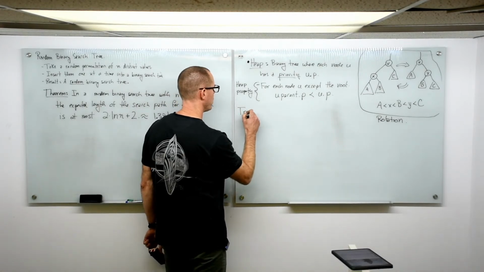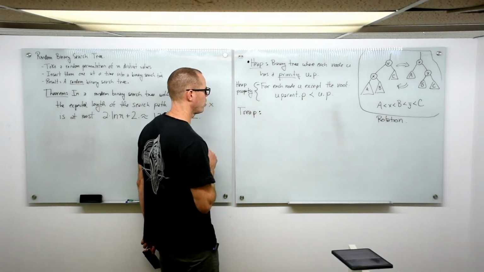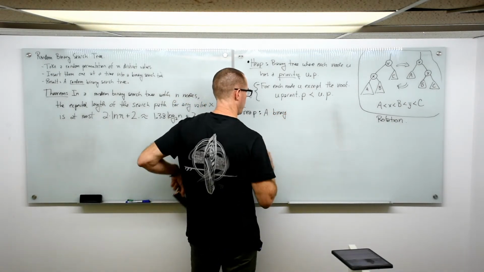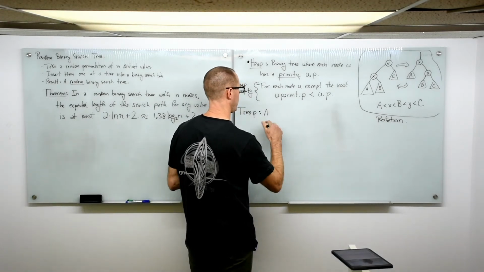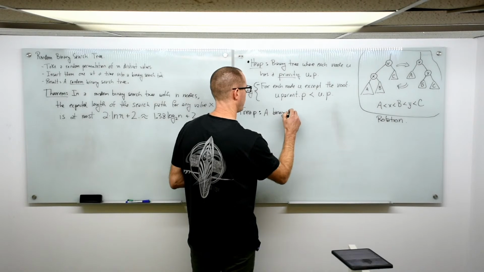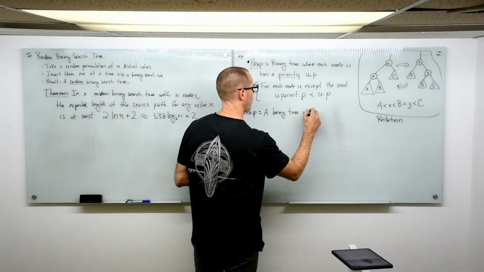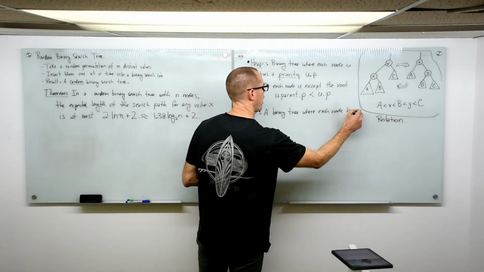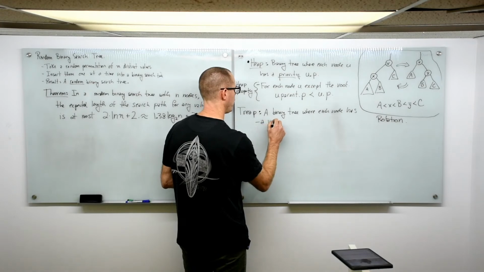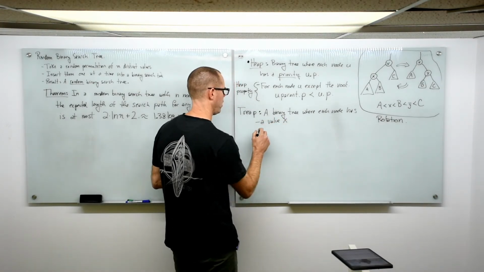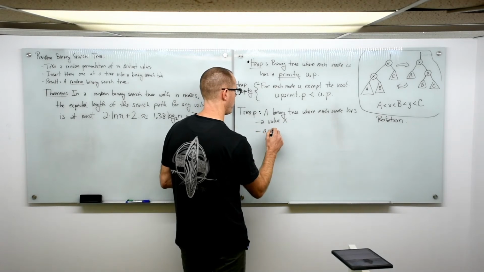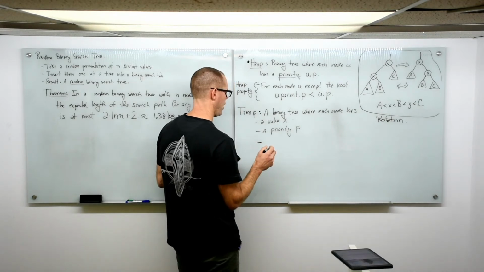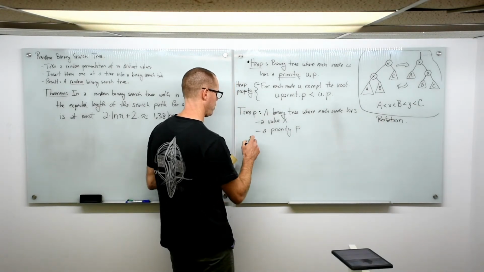So that brings us to the main topic of this lecture, which is a treap. And this is a binary tree where each node has a value x and a priority p, and it has the following two properties.